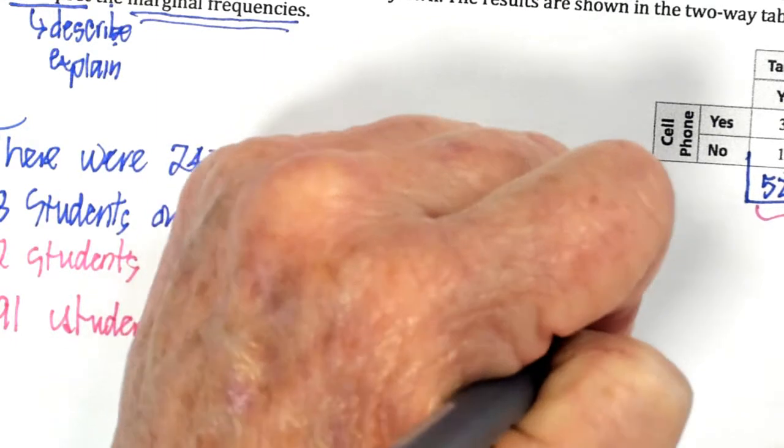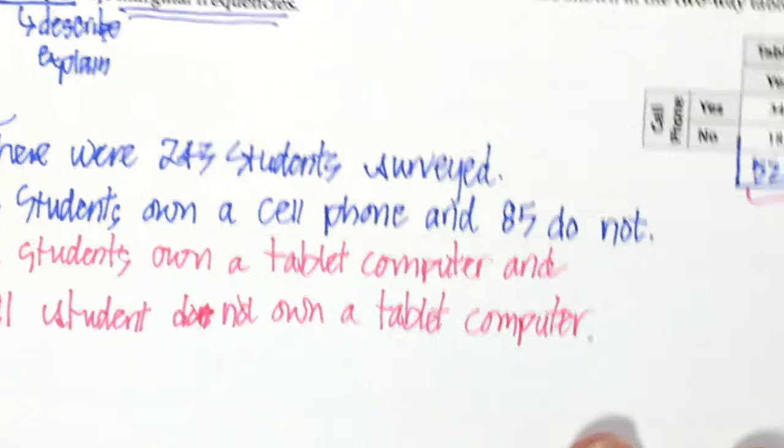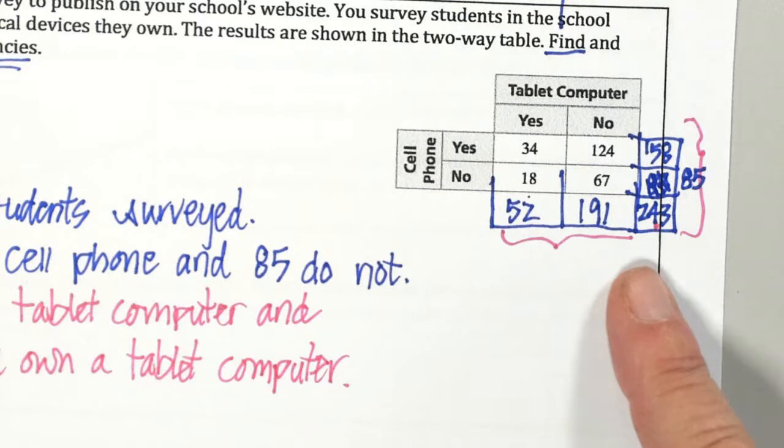So I basically have just summarized in text format everything that's on this table.